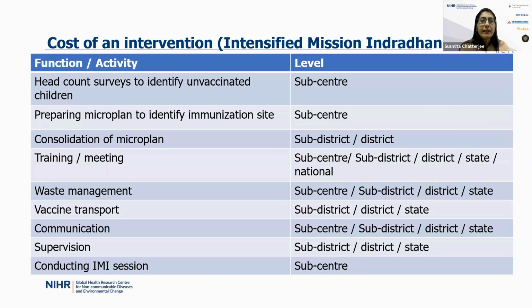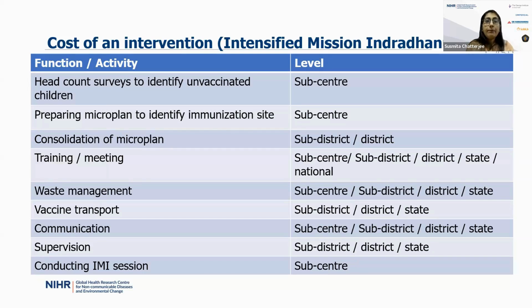So their children, these IMI targeted those who missed the routine immunization. That's the intervention. And for that, they did headcount surveys. They went to those places which they could not access during their routine session. They tried to find out who are those children who were missed in the routine session.